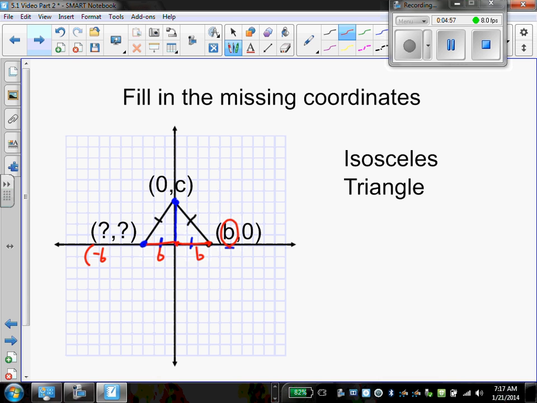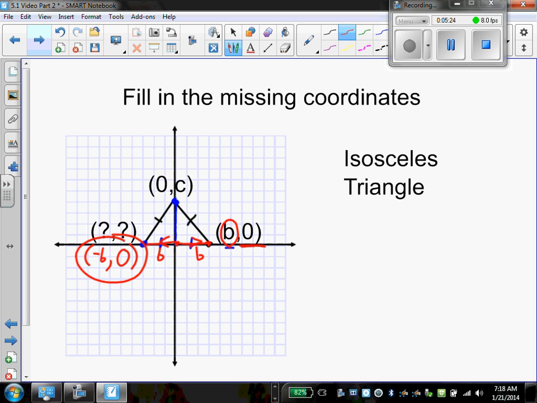Because if this went this way by b, then it went this way by b as well, except in the negative direction. And we can see that on this point, the height of the points have not changed. The height over here was 0 because we were on the axis. We're still on the axis, so the y value there is 0. So the missing coordinates are negative b, 0.